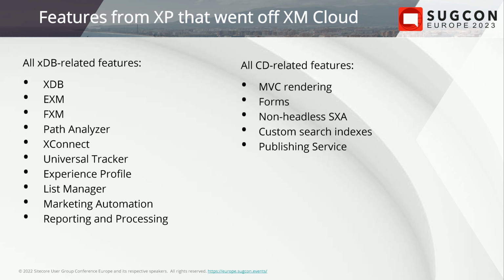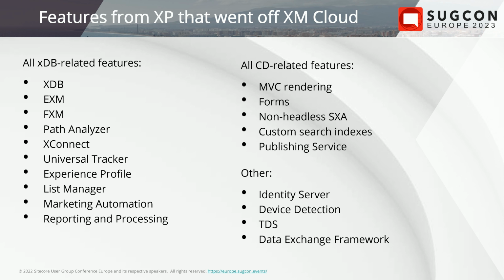Also, things related to content delivery are not available with XM Cloud any longer: MVC renderings, forms, non-headless SXA, custom search indexes, publishing service. There are other bits which we also don't find with XM Cloud, like identity server, device detection, TDS, and data exchange framework. All of them will not find their place in a new composable world.